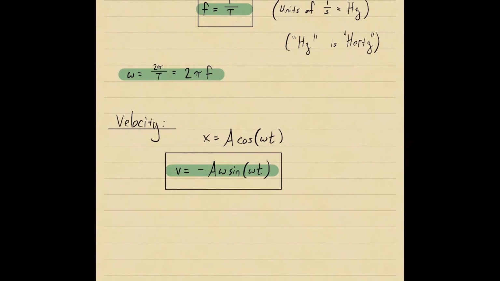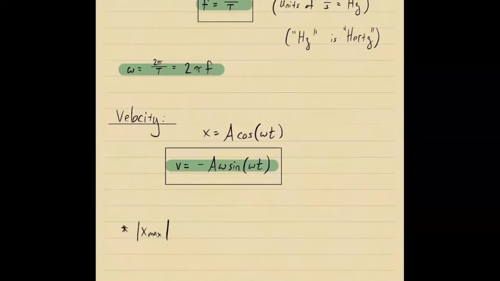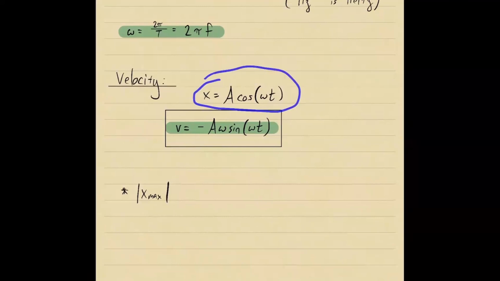So let's look at the max displacement that our spring can achieve, or the max displacement that our pendulum can achieve, or whatever simple harmonic oscillator we're looking at. So the greatest displacement we can have, if you look back, A is just a number, and cosine varies in value between -1 and 1.